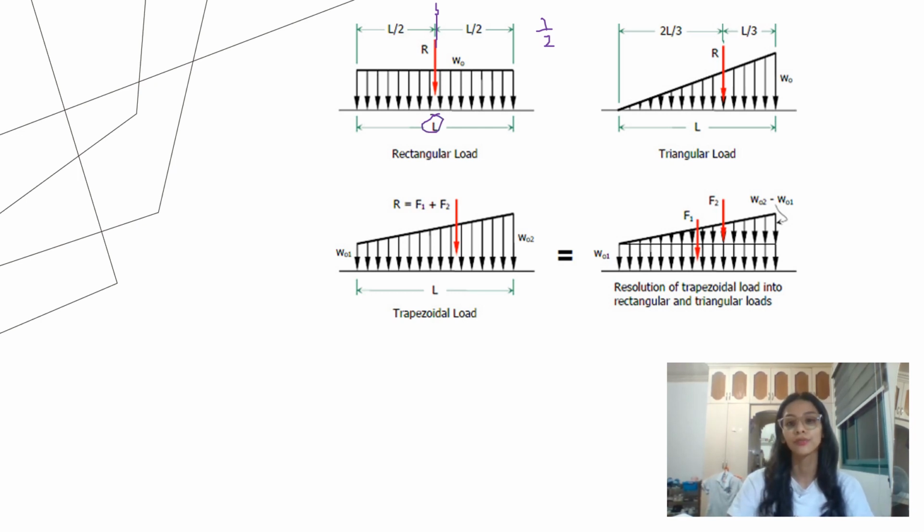Then the centroid of a triangle is 1/3 always at the higher part and 2/3 always at the lower part. Then the trapezoidal load, we divide it into 2, so it will become a triangle and a rectangle. So this is 1/3, 2/3, and the rectangle is 1/2.